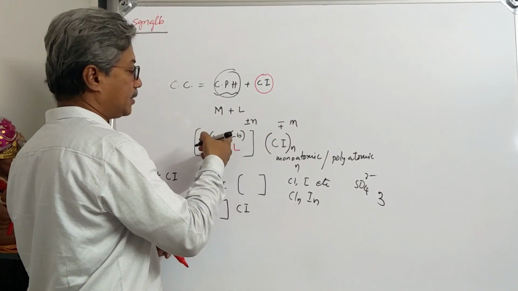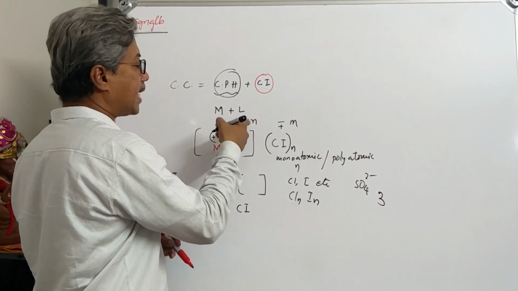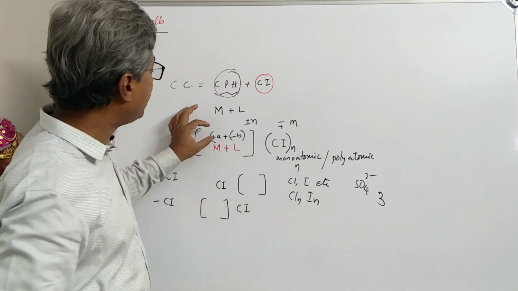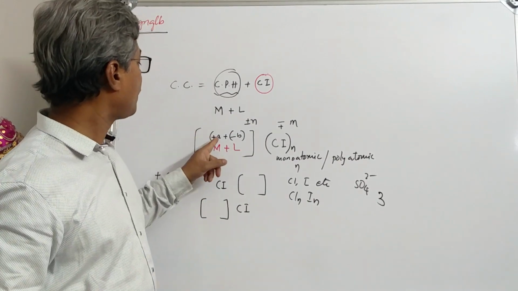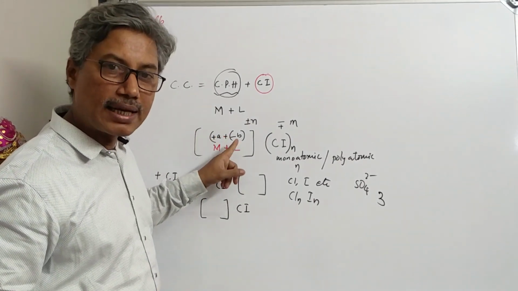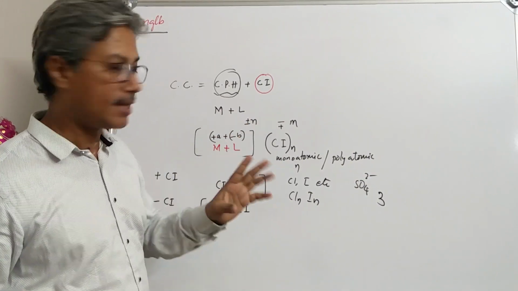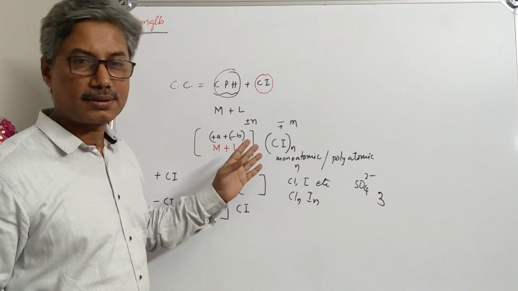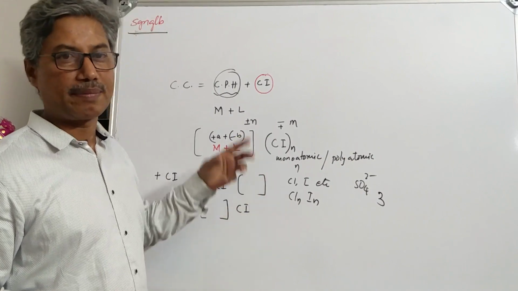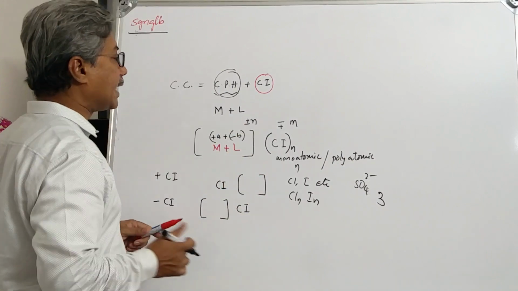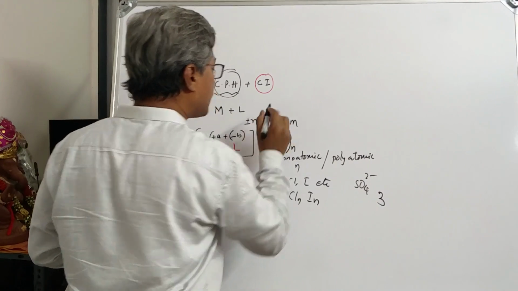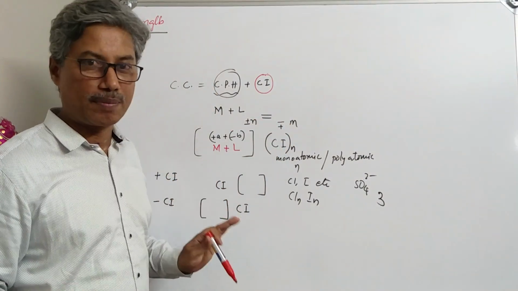That will be the charge. Sum of the charges of the metal ion and the ligand must be the charge on the complex ion, coordination polyhedra. It may be minus, or it may be positive, or it may be 0. If these two are equal, then as such will be the formula.